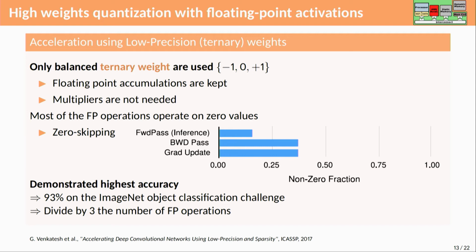So doing some specific hardware to skip the 0 values brings you a very good efficiency. Using this approach, they can divide by 3 the number of floating point operations, so more or less the computational power necessary.